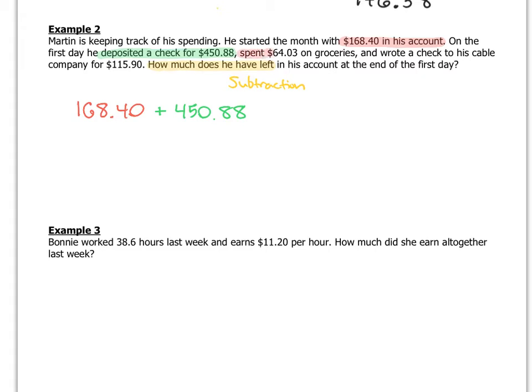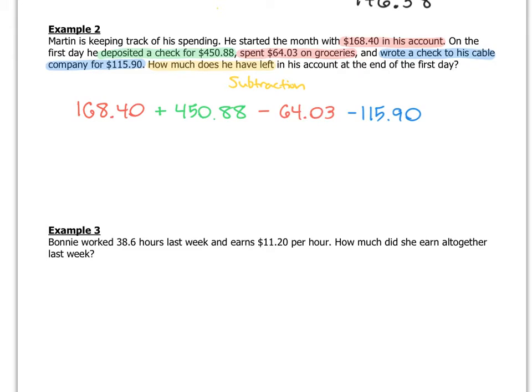When you're spending money, that comes out of your account. So now we're going to subtract 64.03. And then finally, it says he wrote a check to his cable company for $115.90. Writing a check means that money is also coming out of your account, so we're also going to subtract that 115.90.